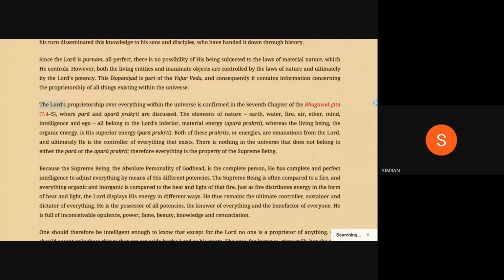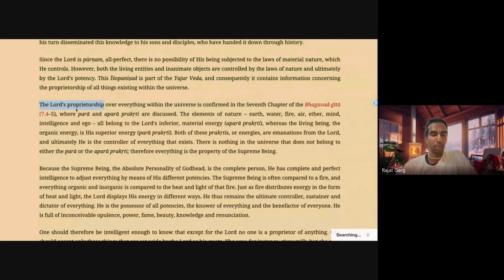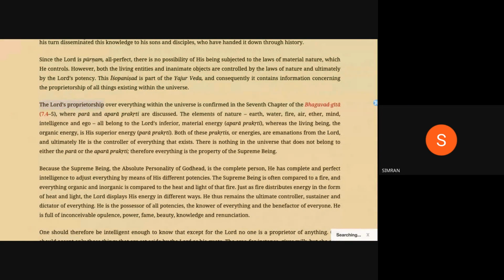Third, because the Supreme Being, the Absolute Personality of Godhead, is the complete person, He has complete and perfect intelligence to adjust everything. The Lord's proprietorship over everything within the universe is confirmed in the seventh chapter of the Bhagavad Gita, where para and apara prakriti are discussed.